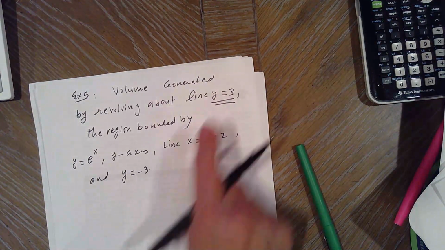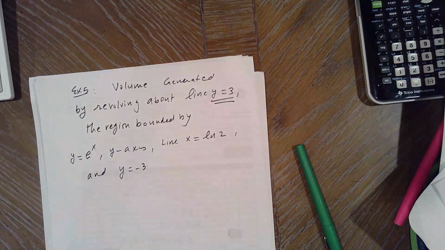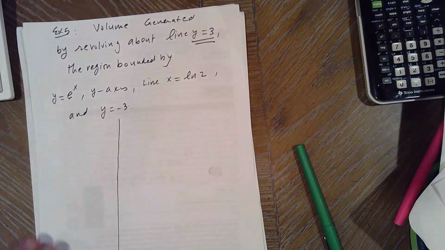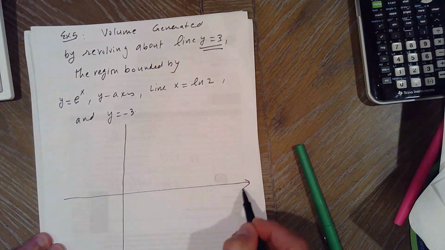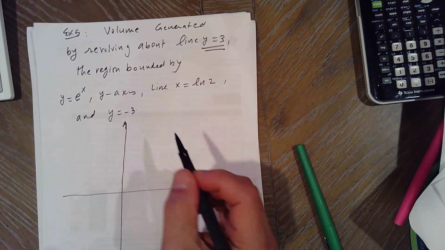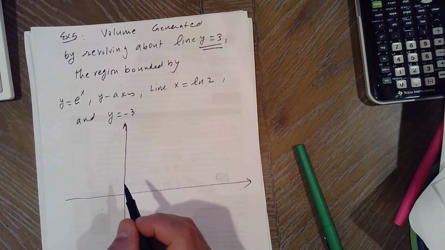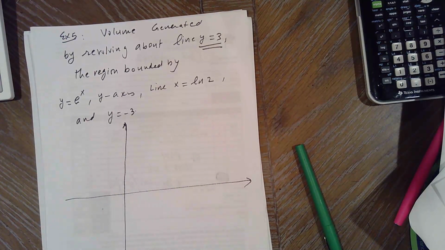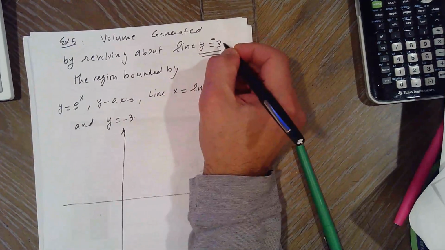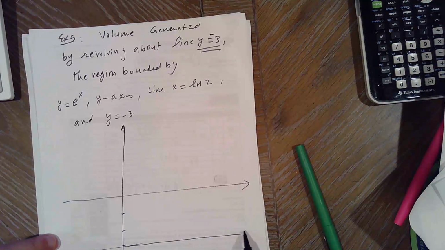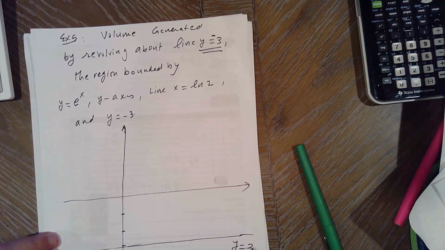So let's find the region and then revolve it around there. The region is revolving around y equals -3, sorry, so this should be -3. This is the line of revolution.